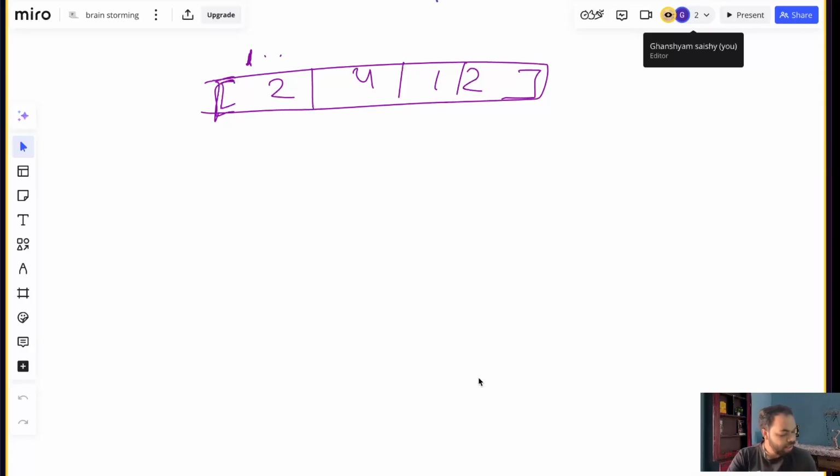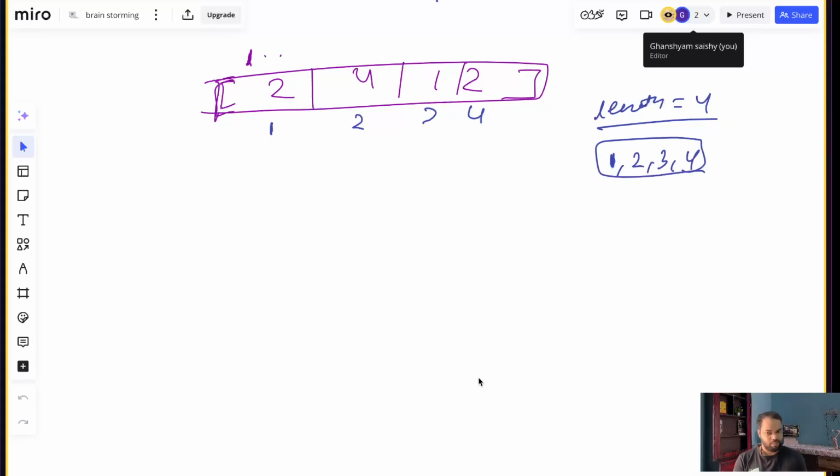We know the length of this is 1, 2, 3, 4. So length is 4. So I expect it will have four numbers, and those four numbers are 1, 2, 3, 4. That's what I expect.